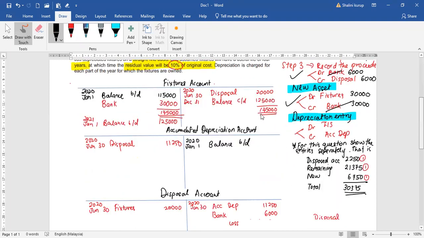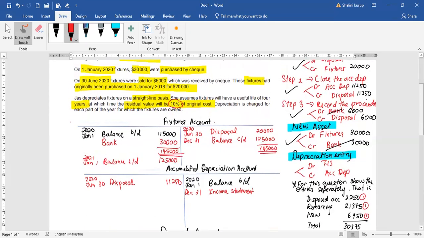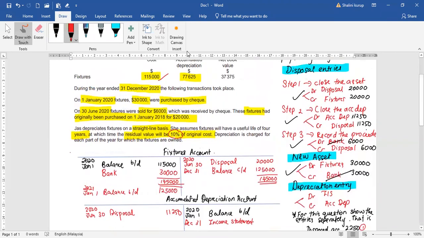Last but not least is the depreciation entry. This one we have to be a bit careful with because we are showing it separately. All you need to do is write December 31st, and you just write here income statement. Before that, the balance brought down for the accumulated depreciation will be 77625.